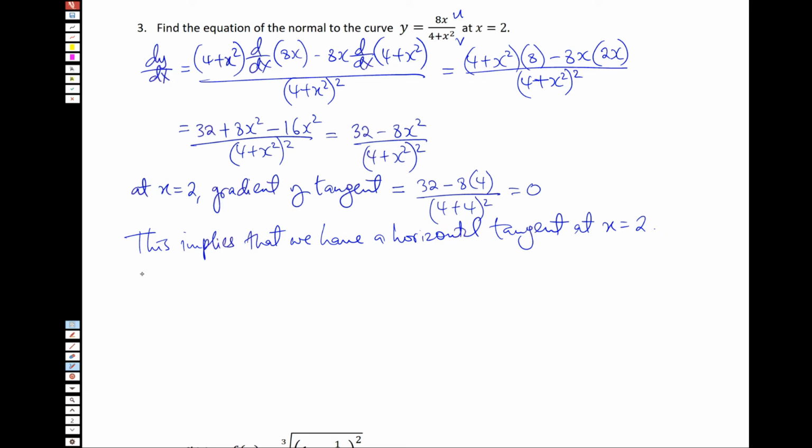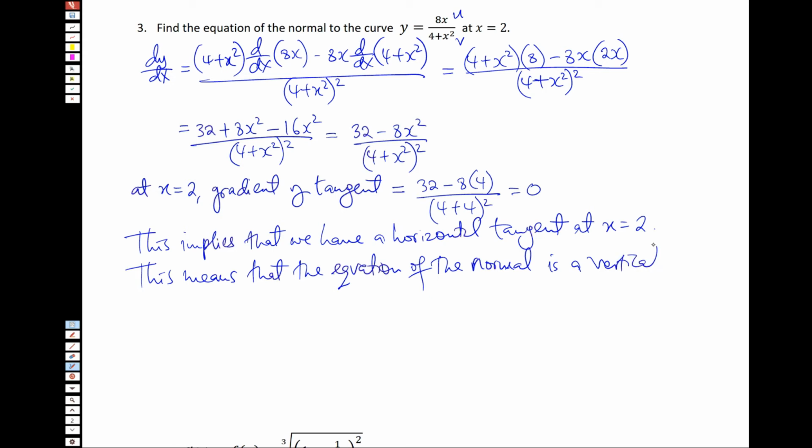So this means that the equation of the normal is a vertical line at x equals 2.